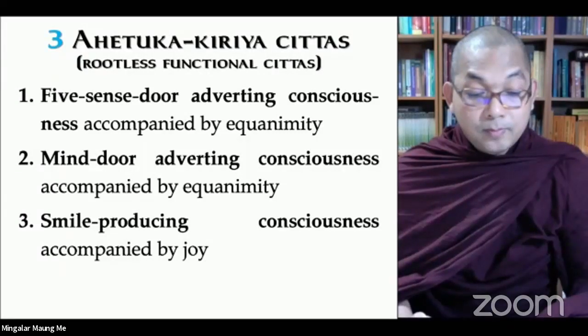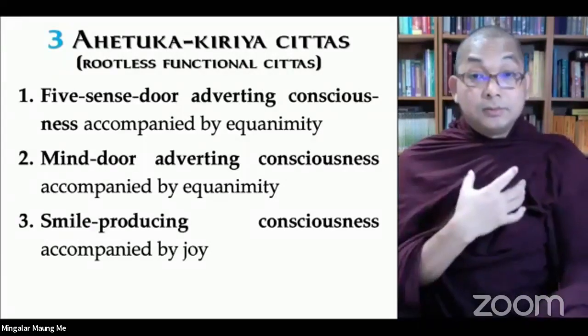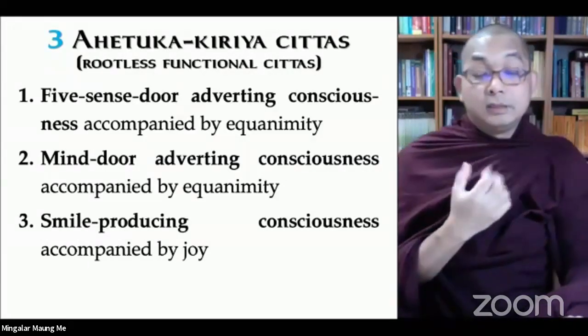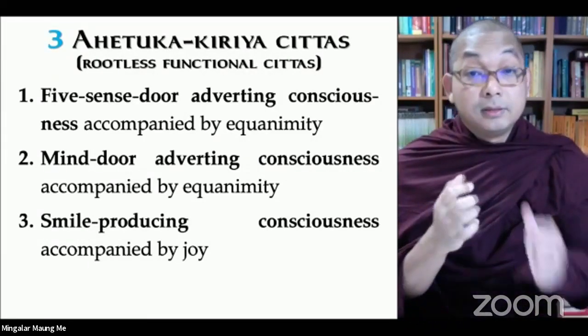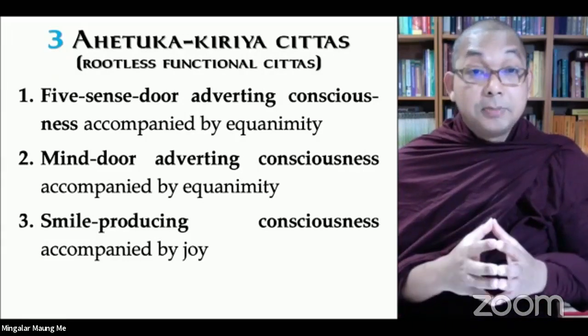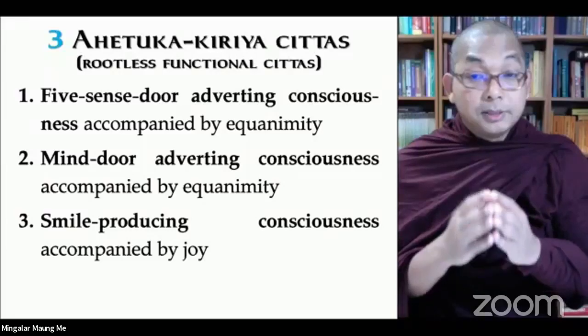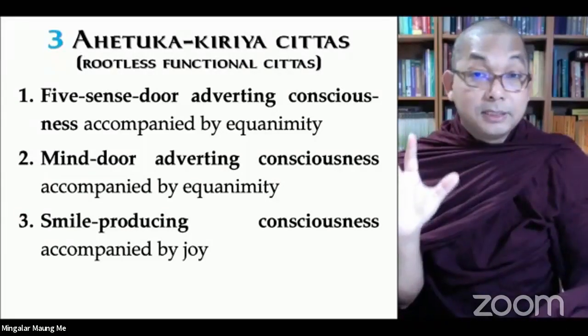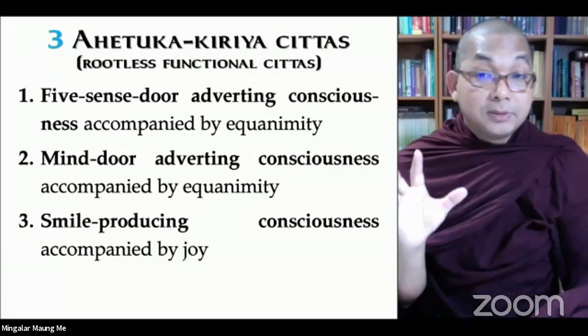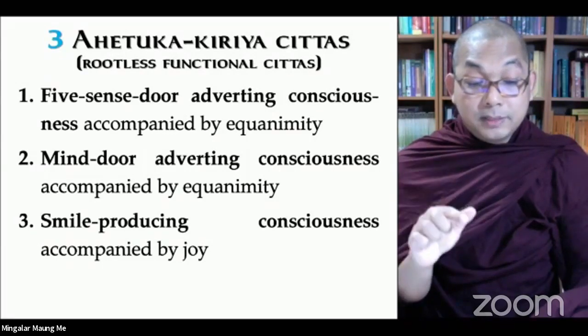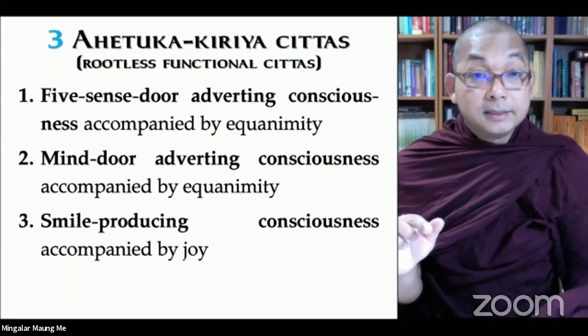Actually, especially in the Arahant and the Buddha, this mind has 5 types of consciousness. One of them is mind producing consciousness.